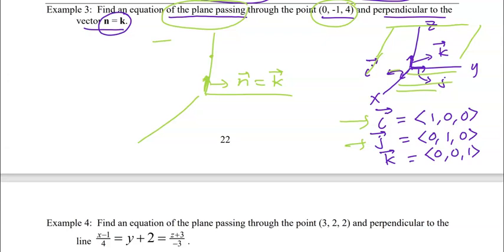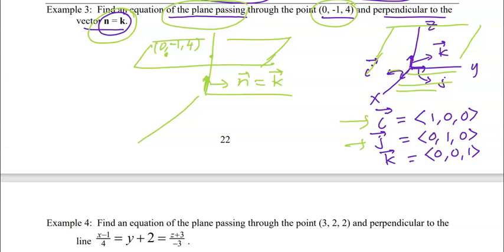Now, the plane has the point (0, -1, 4). Remember, that's a point on the plane, and the plane is perpendicular to the k vector.